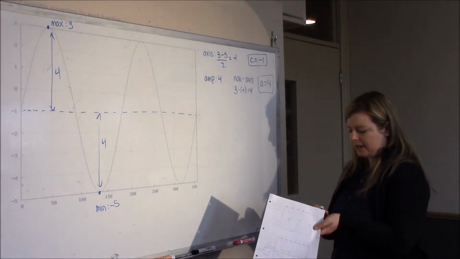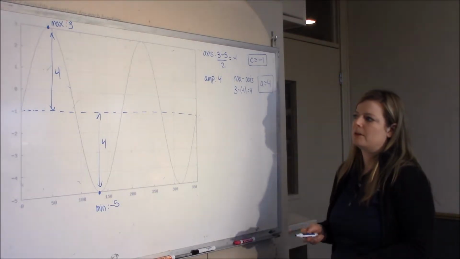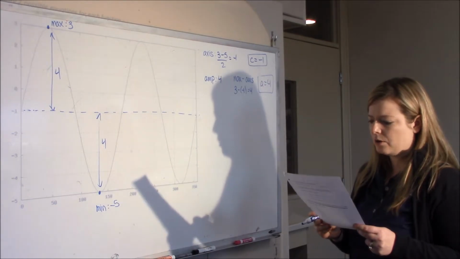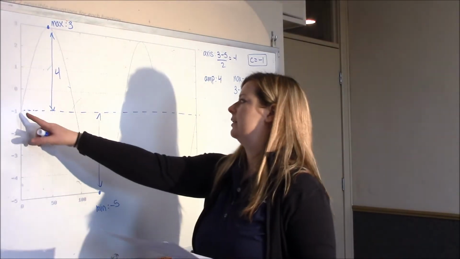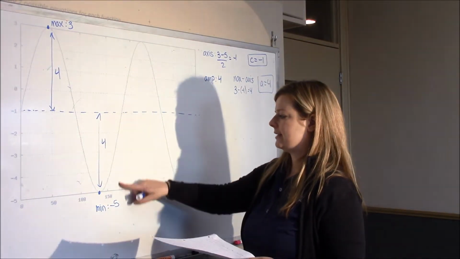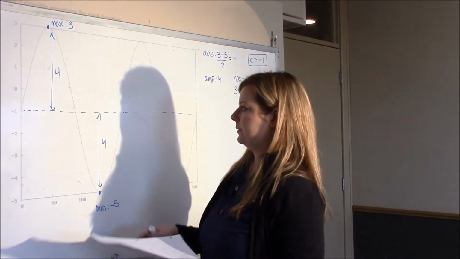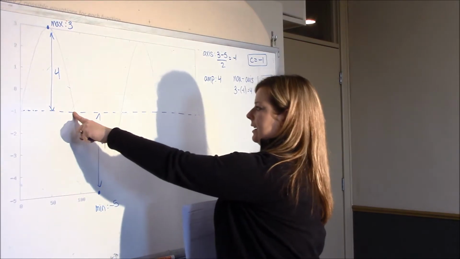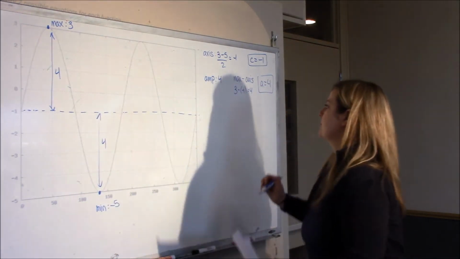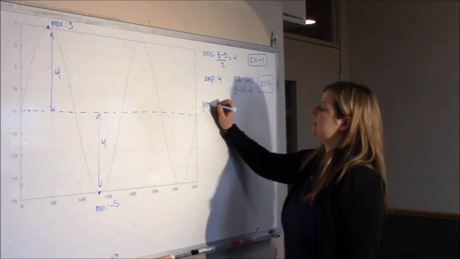Next we need to find the K value, which is determined by our period. The period starts here and it ends here, and that's 180 degrees. This axis point is at 90, this is at 180. So the period is 180 degrees.